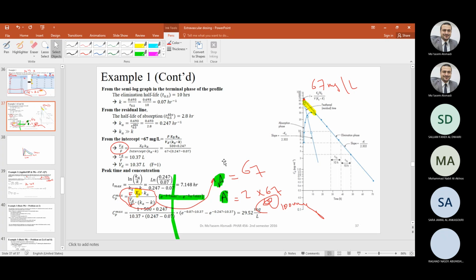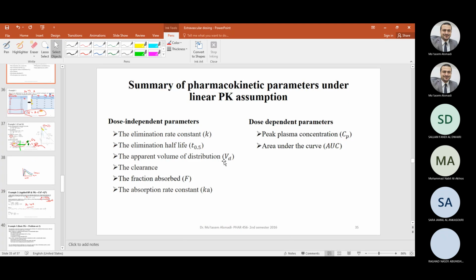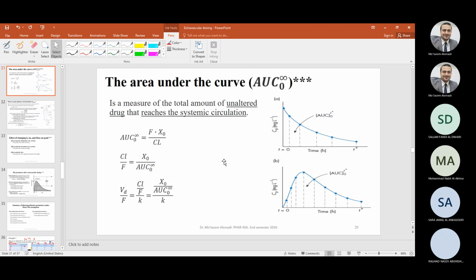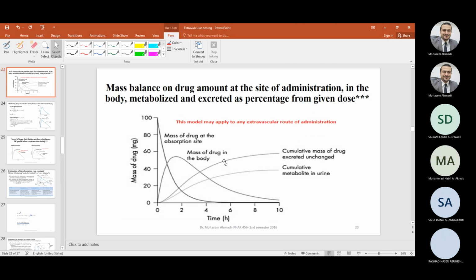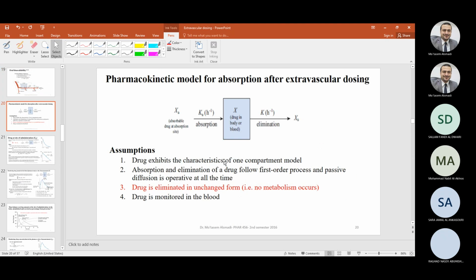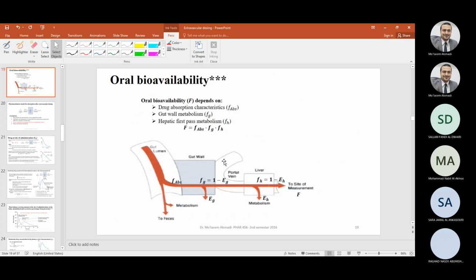The only unique equation for oral dosing was what? Do you remember what? That equation that can only be applied for oral dosing was this equation. F is equal to F absorbed multiplied by Fg multiplied by Fh. This is the only equation that's unique for oral dosing.